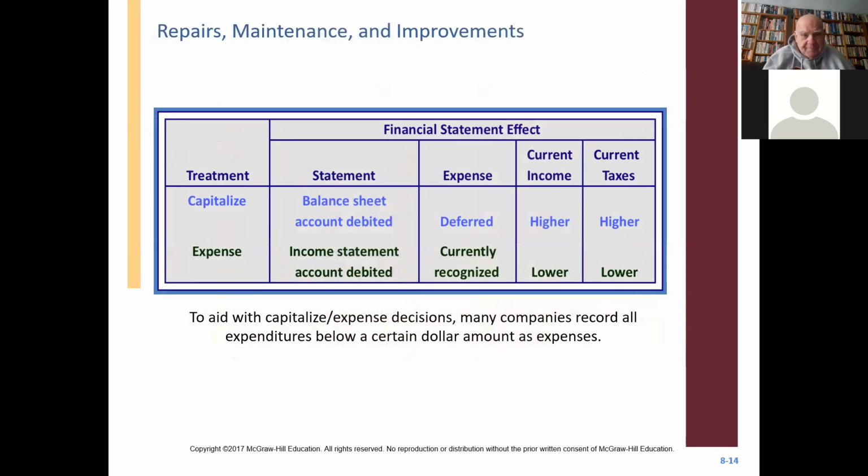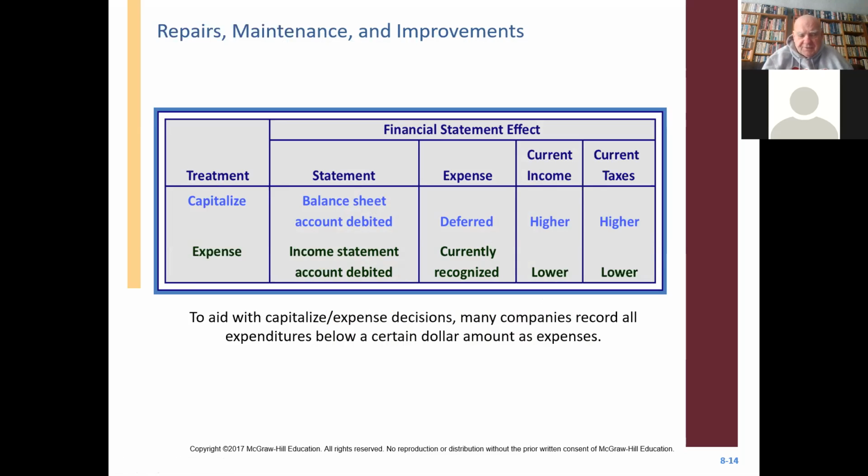Need to know that. And they're giving you another look at it here. Expense goes on the income statement as soon as it happens, and it's going to lower your income, right? It's going to lower your income, but it's also going to lower your taxes. If you had $1,000 maintenance expense, well, you're going to save 30% of that.